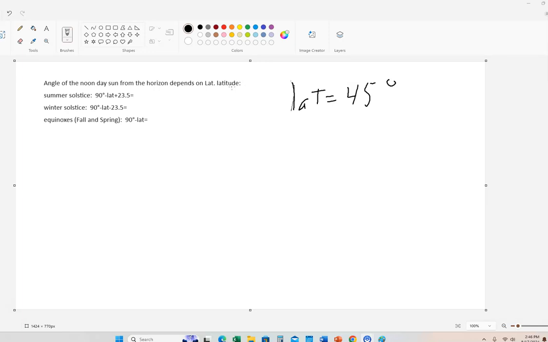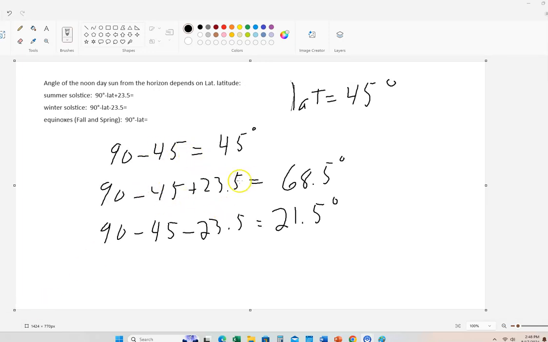Let's do a quick example. I've just worked it all out for a latitude of 45 degrees. On the first day of spring or the first day of fall, it's going to be 90 minus 45, which is of course 45, so the sun at noon on that day is at 45 degrees.